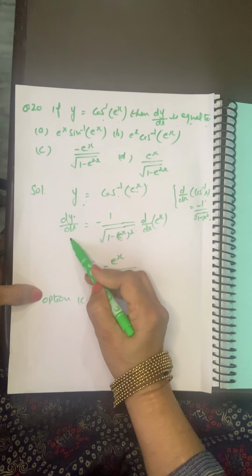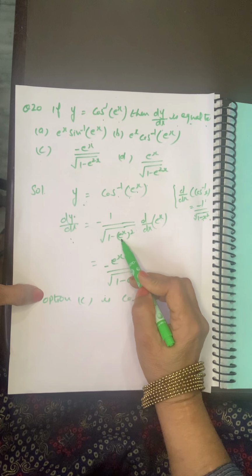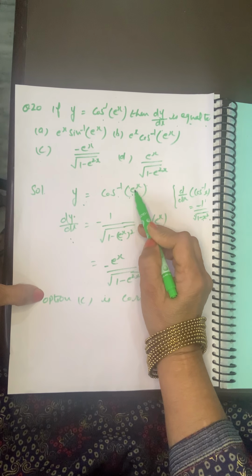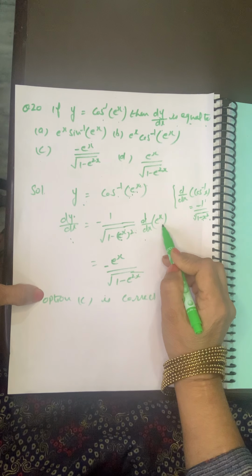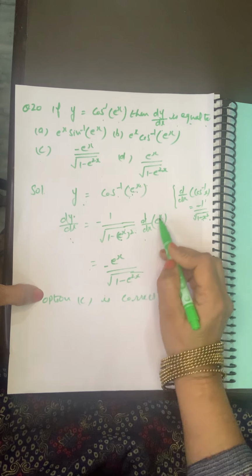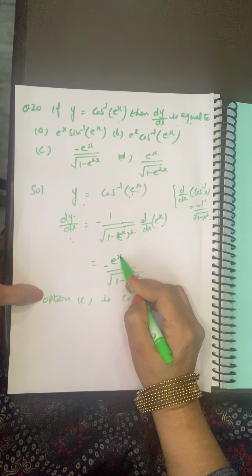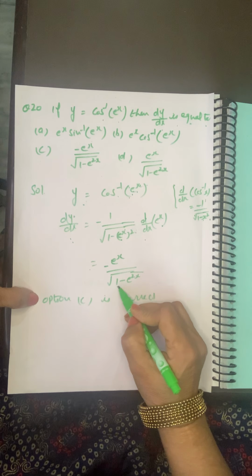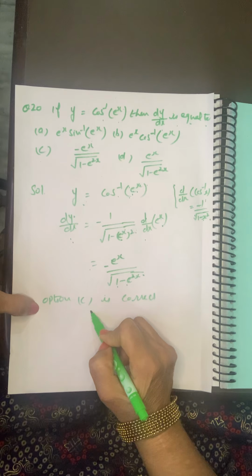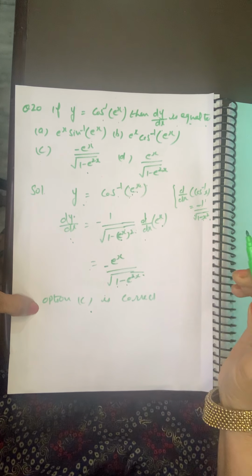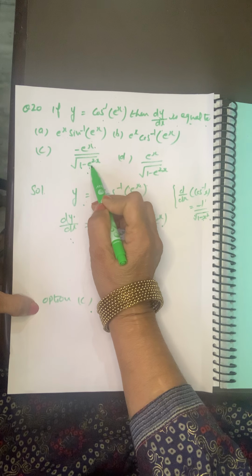So here dy over dx is equal to minus 1 over under root 1 minus, in place of x we have e the power x, whole square, into derivative of e^x. Derivative of e^x means e^x. So this will become minus e the power x over under root 1 minus e the power 2x. Which option is correct? Option C is correct. हमारे पास क्या आ गया minus e the power x over under root 1 minus e the power 2x.